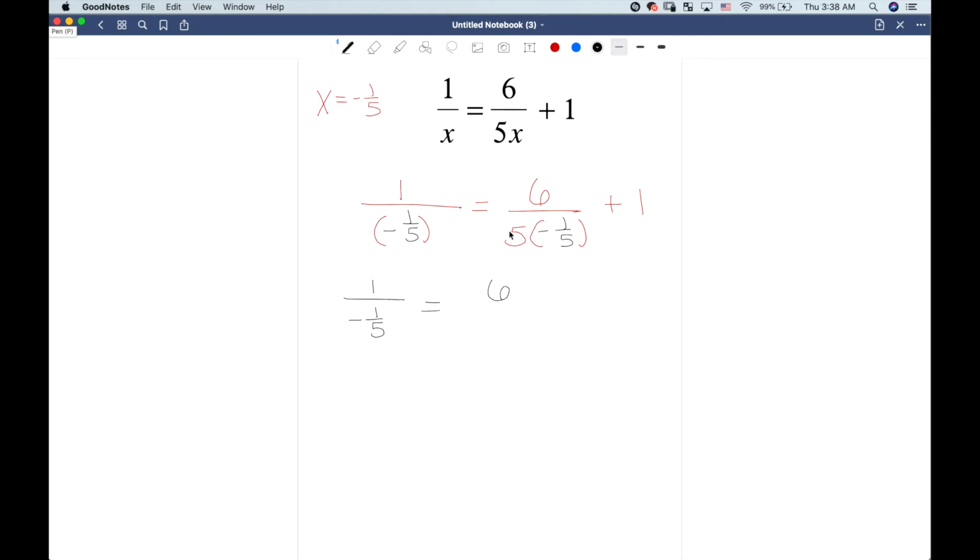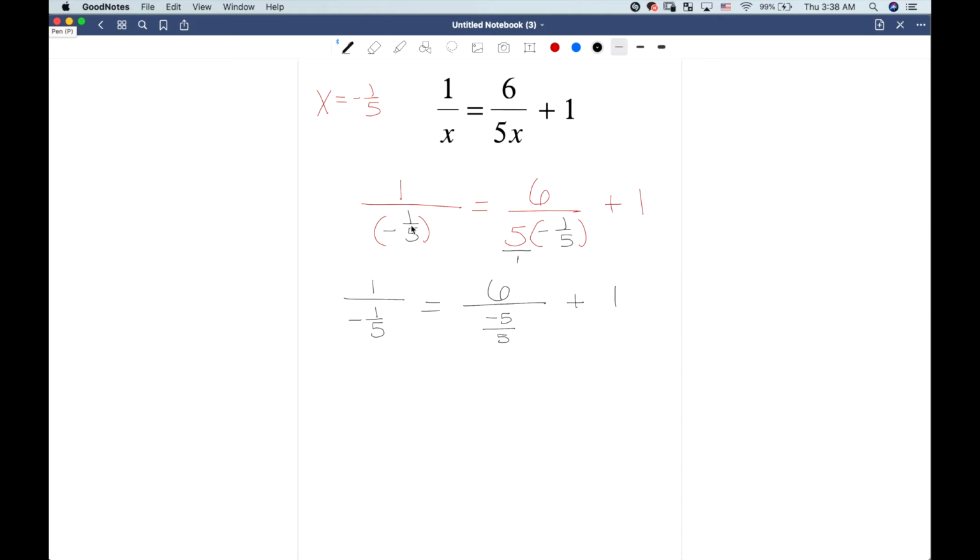All right, now it's asking us to multiply. So when you multiply fractions, you just multiply straight across. So I'm just going to go ahead and put this one here. 5 times negative 1 is negative 5. 1 times positive 5 is positive 5. And I just bring down this 1.